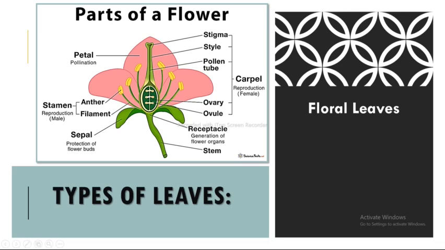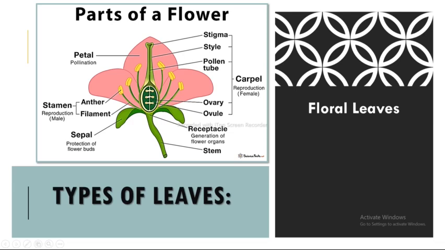Stamen is the male reproductive organ of the flower. So stamen includes two other organs, the anther and its filament. This is the sepal. This is green in color and it helps in the protection of flower buds.